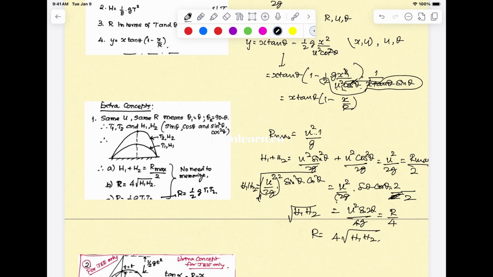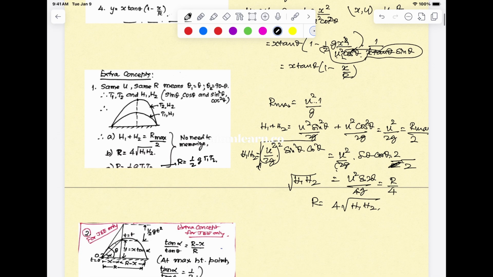Then the third relation is r equal to half into g into t1 t2. Let us see what t1 t2 is. T1 t2 is 4u squared sin theta cos theta divided by g squared, because t1 is 2u sin theta by g, and similarly t2 is 2u cos theta by g.